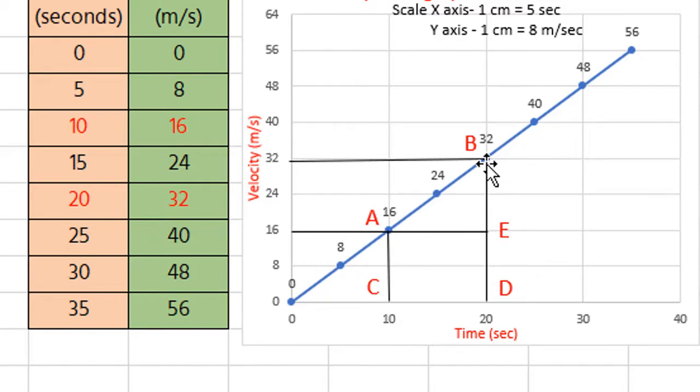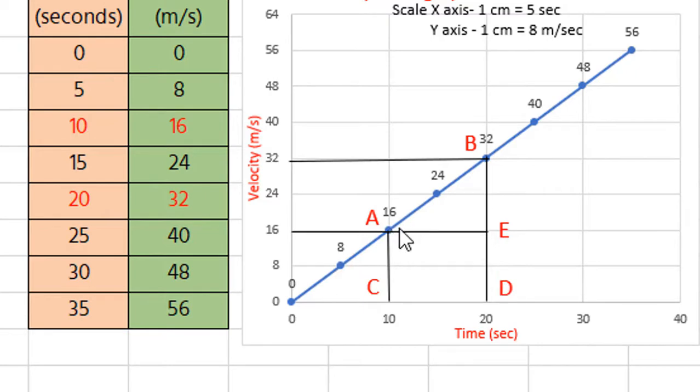For this we have to calculate the mean, that means the average velocity between points A and B. For that we have drawn these perpendiculars on the x-axis as well as on the y-axis. That gives one figure, the trapezium ABDC, where AEB is a triangle and ACDE is a rectangle.